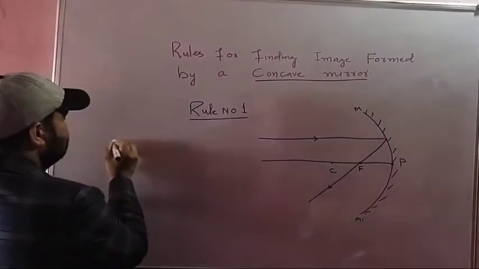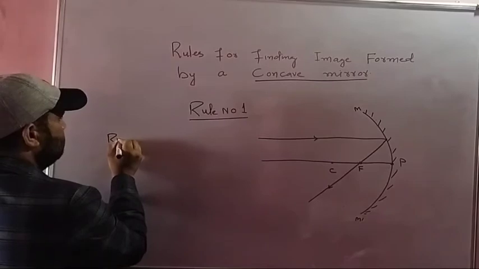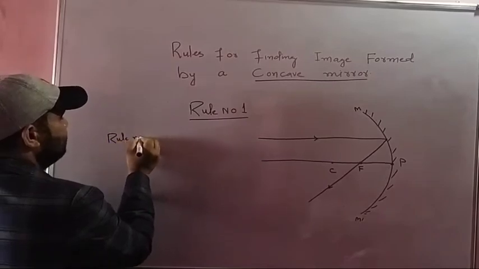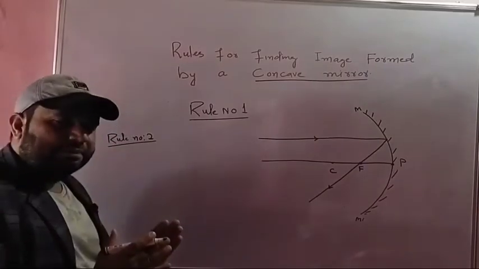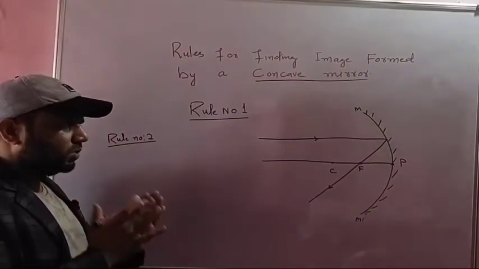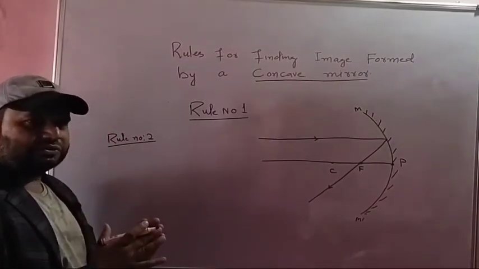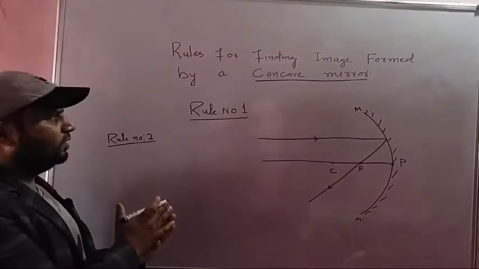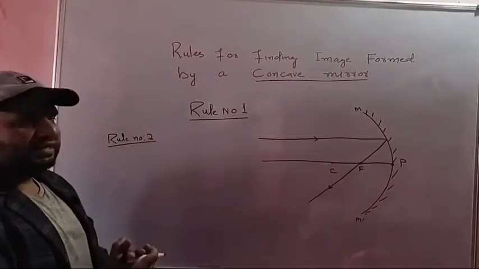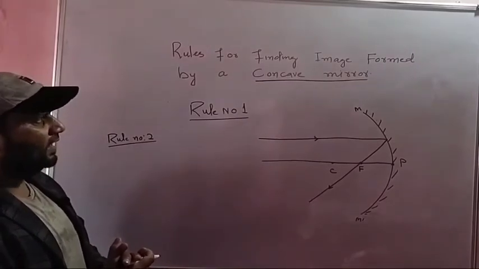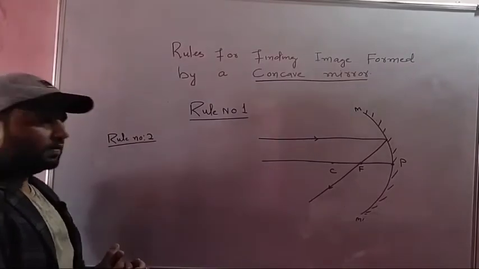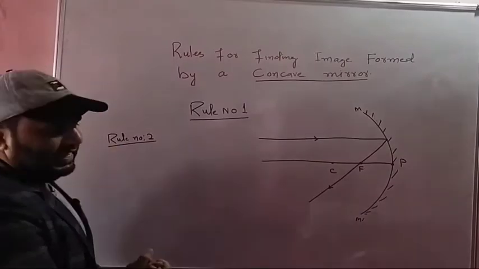Now rule number second. मैं बिल्कुल slowly पढ़ा रहा हूँ, so that each and every student will get a clear picture of these rules that are actually used to find the image formed by a concave mirror. Okay, so what is rule number second?